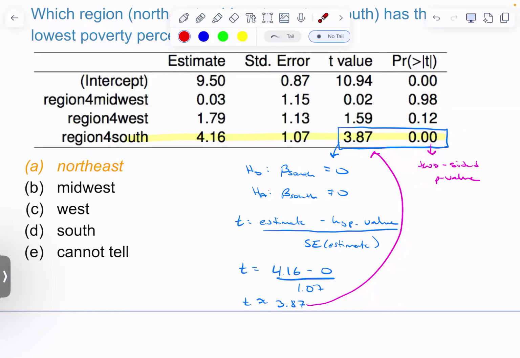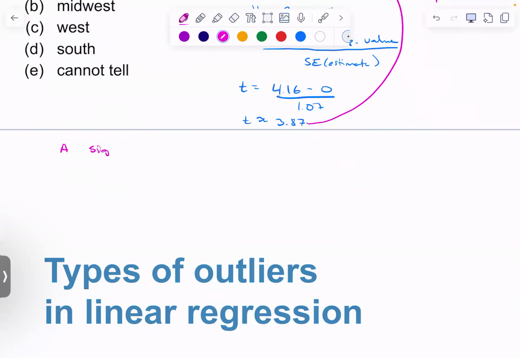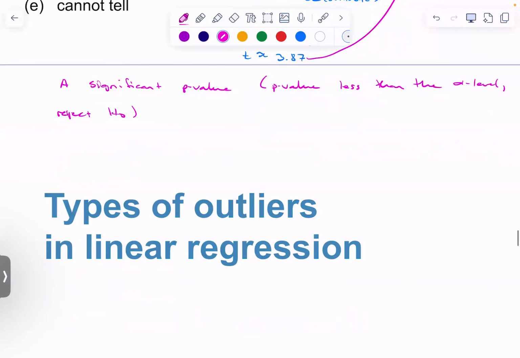When I get a significant p-value, so significant p-values is when it's small and you reject H naught, a significant p-value, a p-value less than the alpha level, which is really just if we reject H naught, tells me that that predictor is contributing to the model.